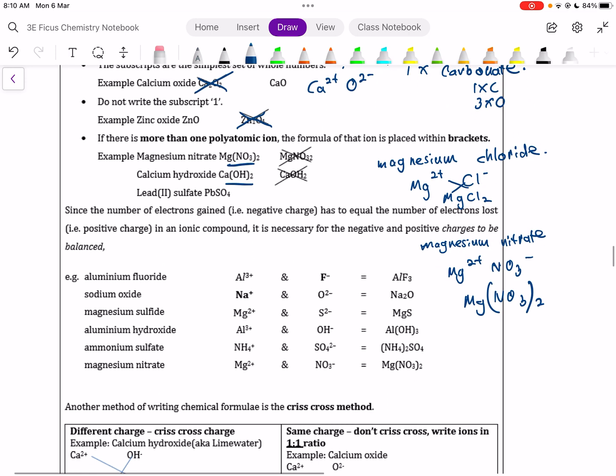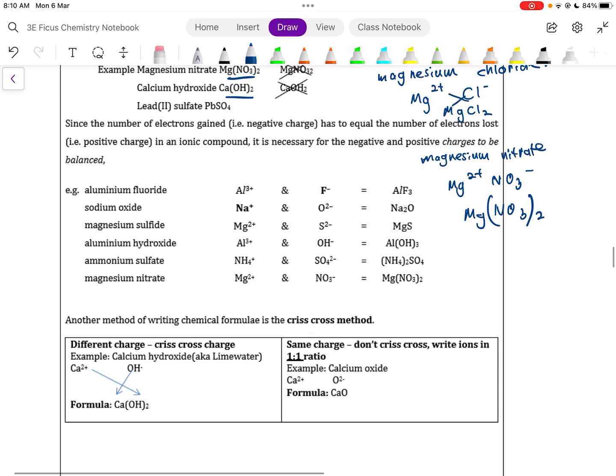Okay, I'm going to introduce two methods, but basically they work on the idea that the number of electrons gained, which is the negative charge, has to equal the number of electrons lost, which is the positive charge. For example, Al3+ and F-: you have to have three of these to balance off the Al3+.